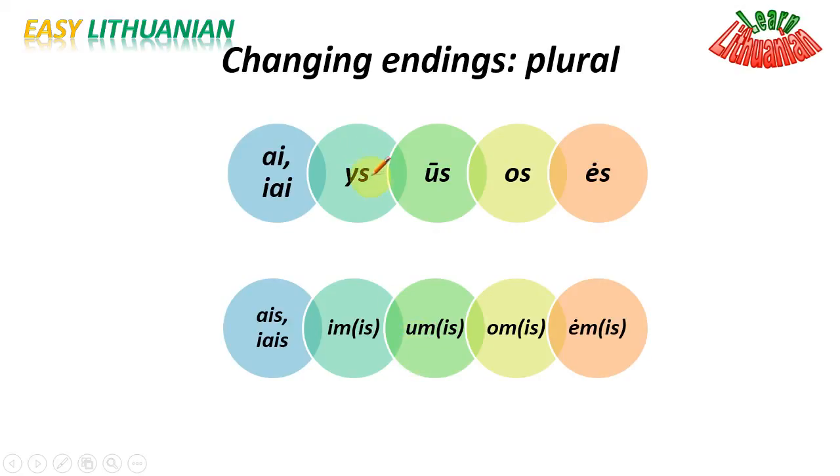The s is taken out and m is put in, and is added if you're using formal Lithuanian. And if you have I or a, you only add s, so you get ice, ace. Simple, very simple. If only you could say genitive and accusative were so simple. Unfortunately.